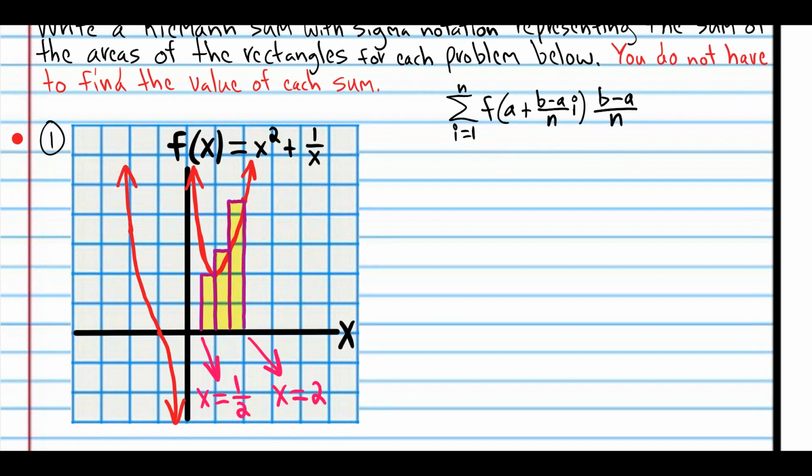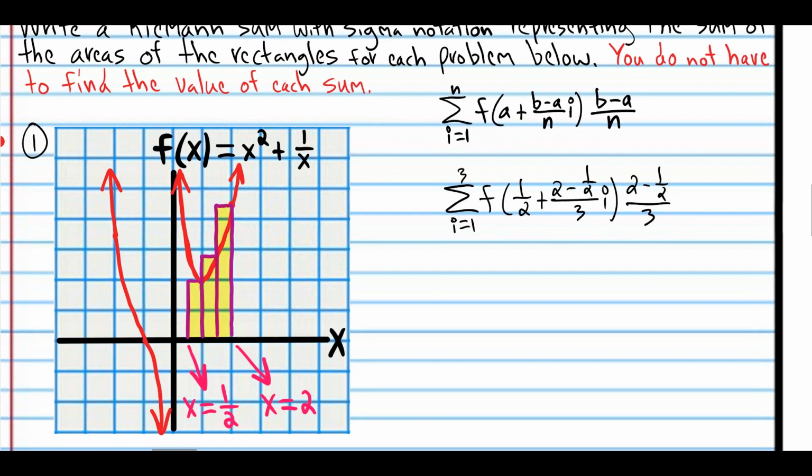So we have 3 rectangles, and remember a is this number, the left bound, so that's going to be 1/2. And b is the right bound, so that's 2. And the number of rectangles is 3. And so there we go, we plugged in the numbers.